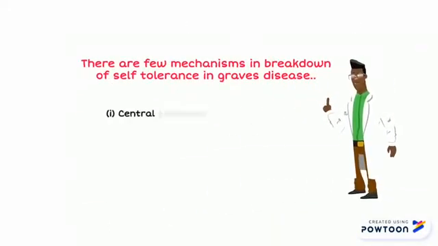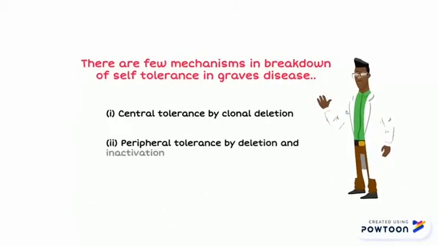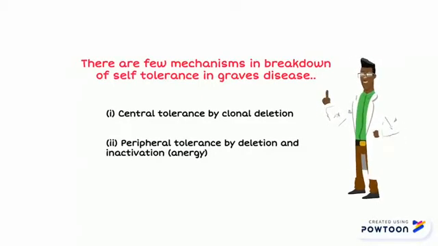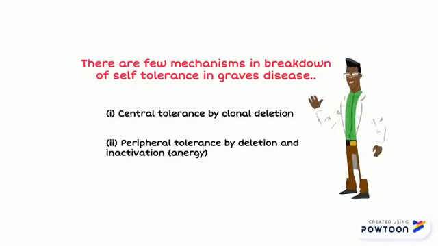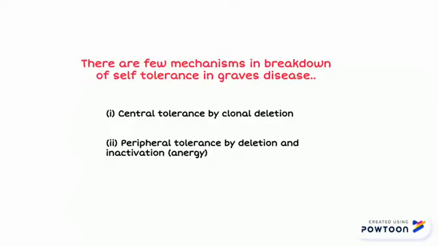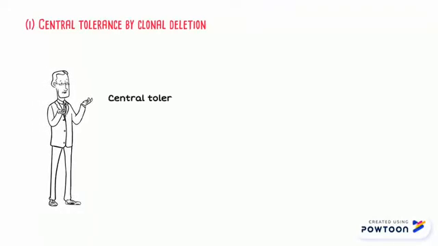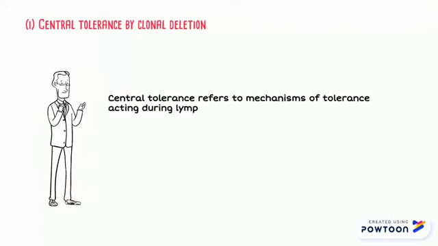There are a few mechanisms in the breakdown of self-tolerance in Graves' disease, which are central tolerance by clonal deletion and peripheral tolerance by deletion and inactivation, or anergy. Central tolerance refers to mechanisms of tolerance acting during lymphocyte development in the thymus or bone marrow.